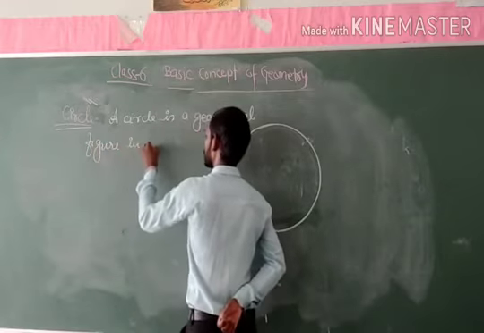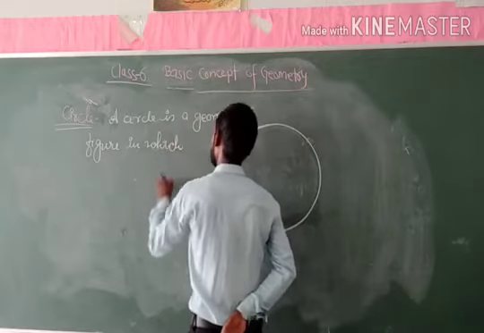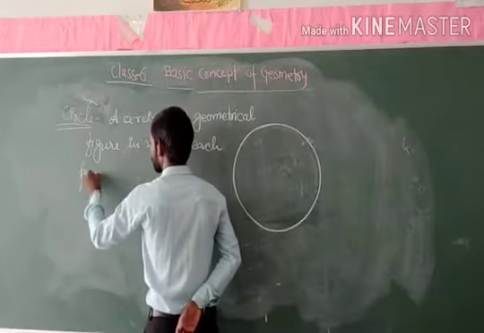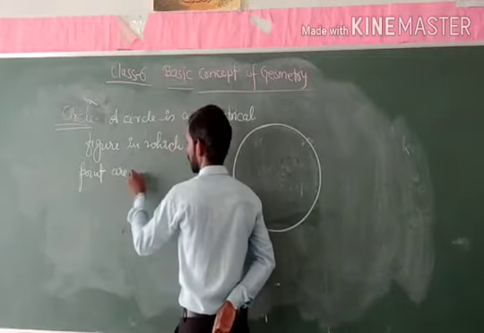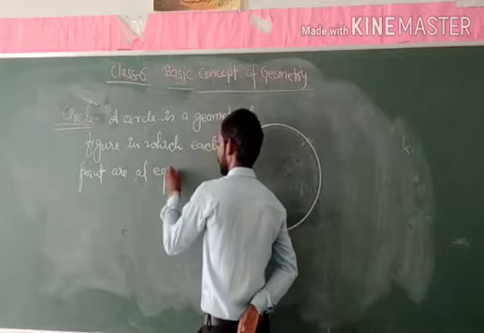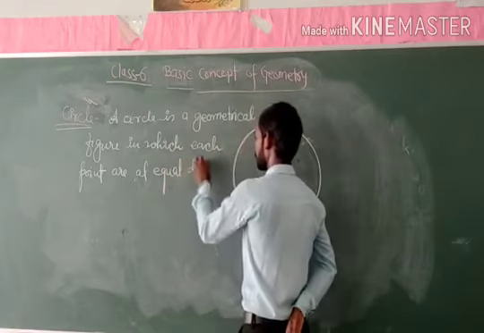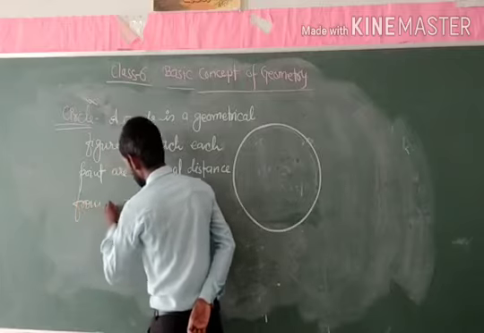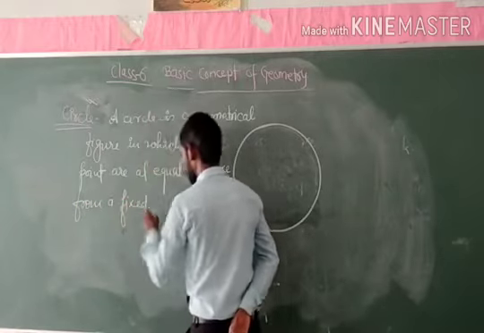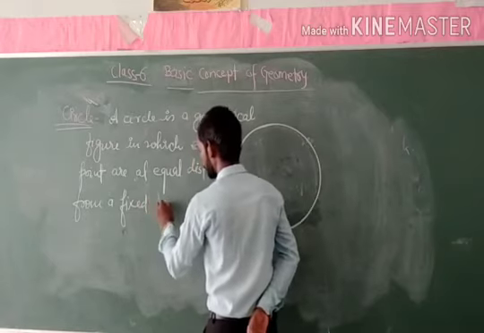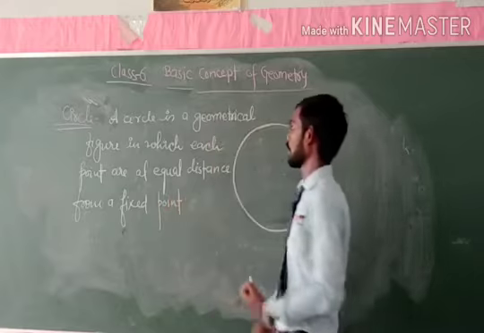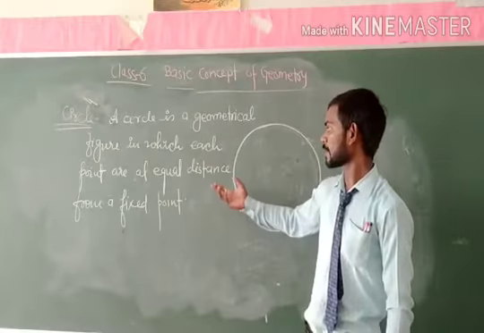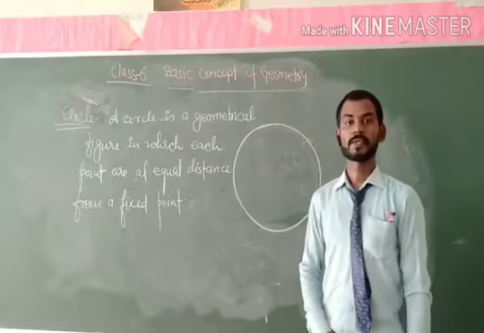A circle is a geometrical figure in which every point is at equal distance from a fixed point.